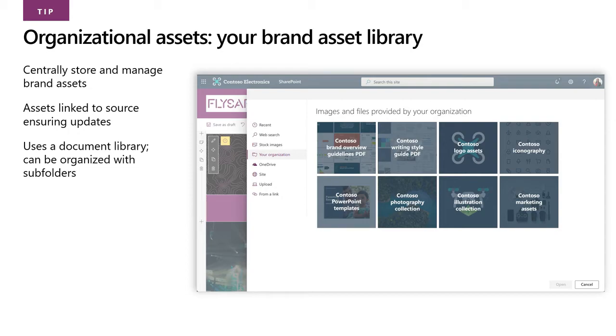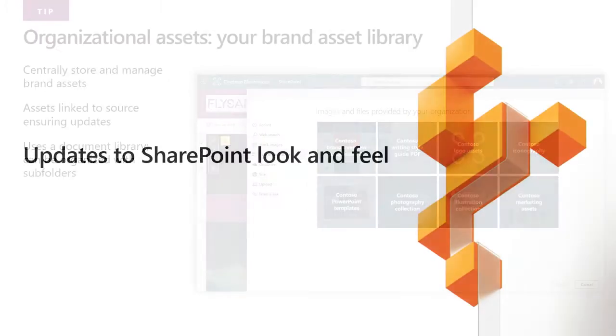These are also linked, which I would have loved to have had a long time ago when we changed the SharePoint branded icon, because that means you can just update the asset, and then everywhere it's been used, it will update correctly. So really great for things like updating your company logo.